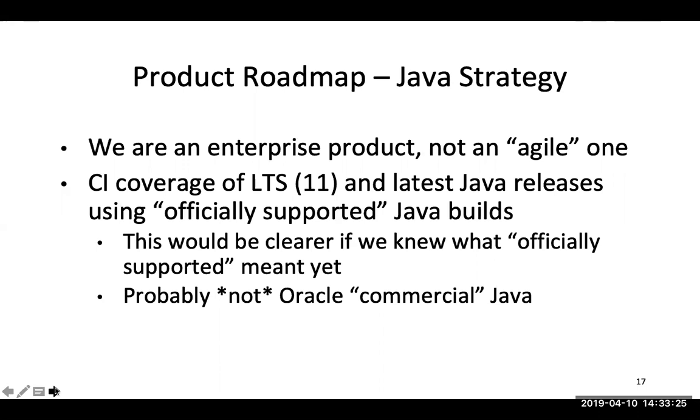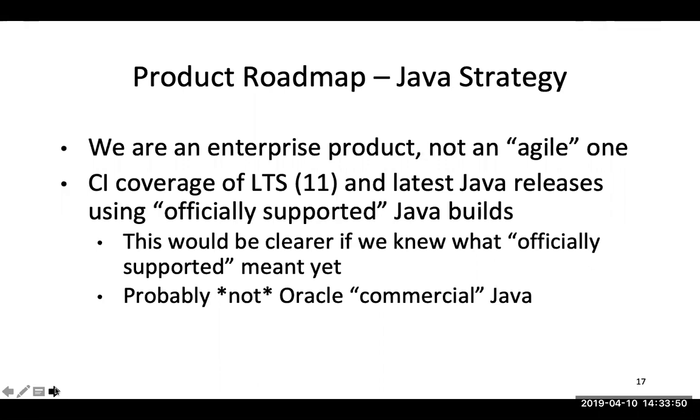We would certainly change that if we got a lot of feedback from people that they are going to pay Oracle to run their Java, in which case we probably would take advantage of the fact that you can run it for development and testing purposes for free. So it's not that we have to pay Oracle to test it, but it isn't worth our time to worry about it if people aren't going to be running it. So that's something that we'll probably have to wait for some feedback on.